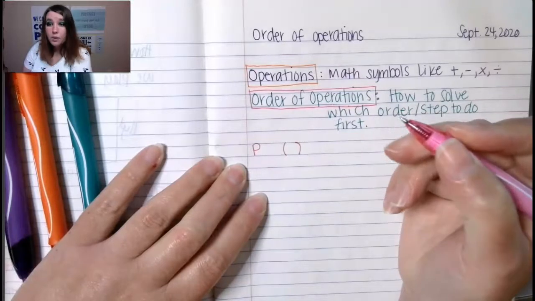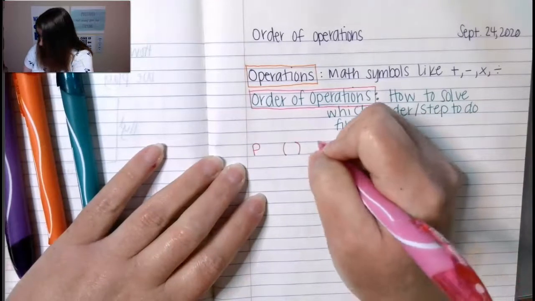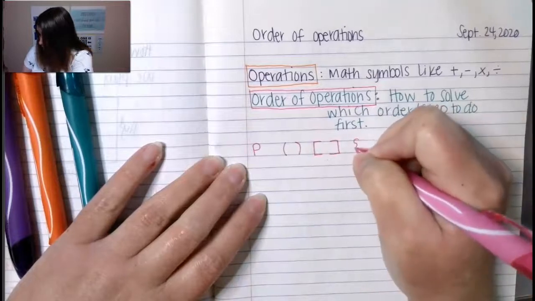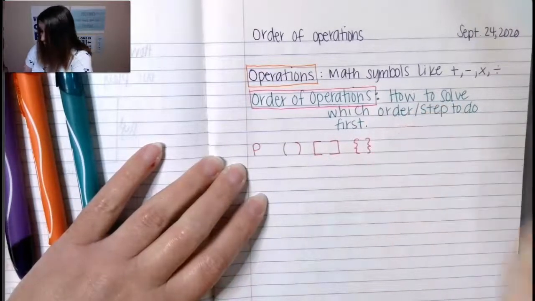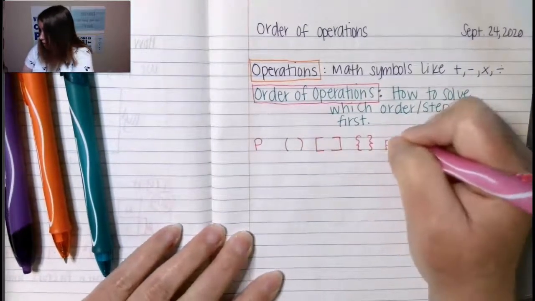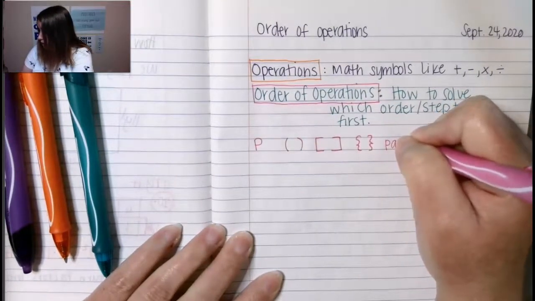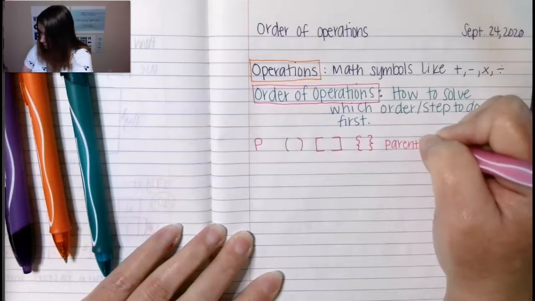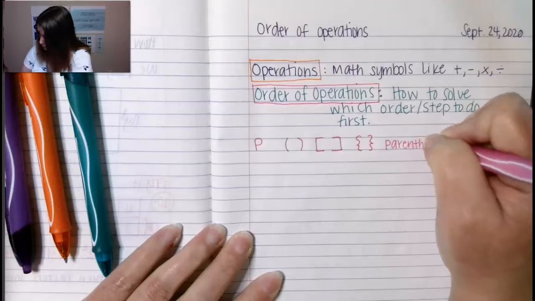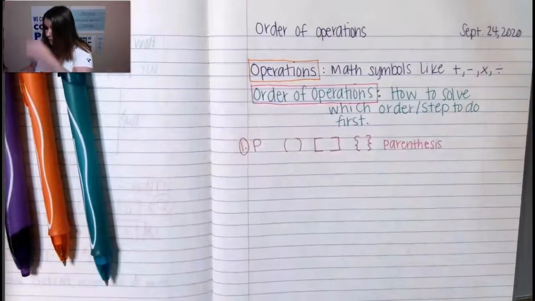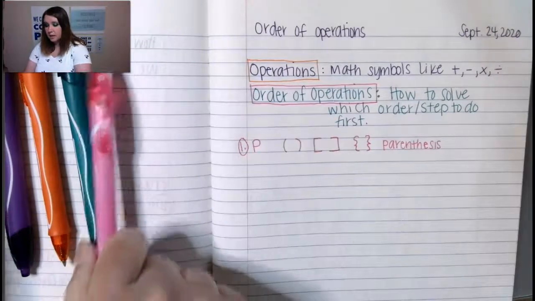And it's parentheses like this, which are called brackets, or fancy schmancy parentheses like this. Okay, so first thing to do is the parentheses. I always forget how to spell it because it's such a long word. Okay, so step one is parentheses.